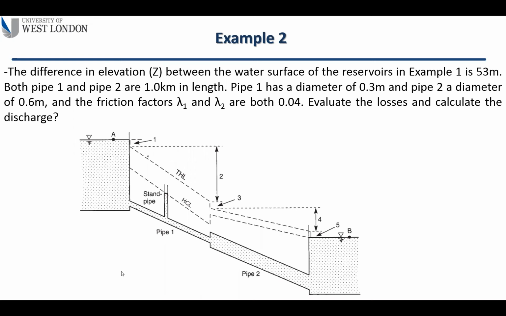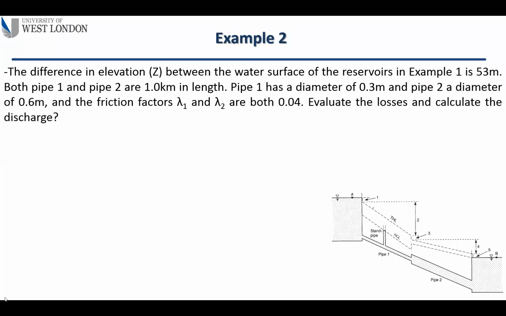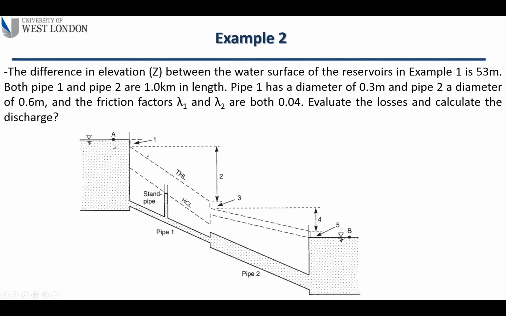To calculate this, what we normally do is write Bernoulli's equation between two points, point A and point B. If we write the Bernoulli's or energy equation between these two points, the water surface level is intentionally chosen at the two reservoirs.